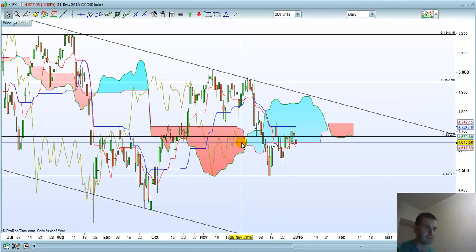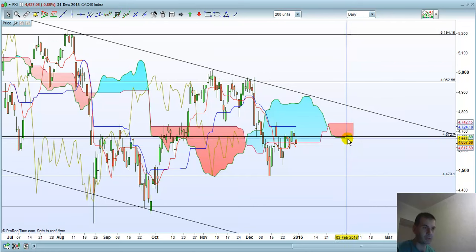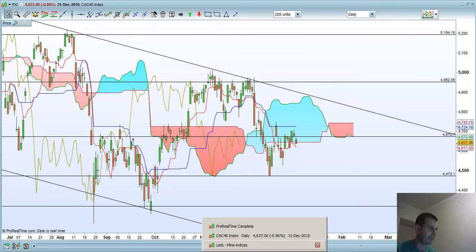That implies that the price is in sideways movement now. Okay, the future cloud, by the way, is crossed downward. That indicates the bearish character of the market.